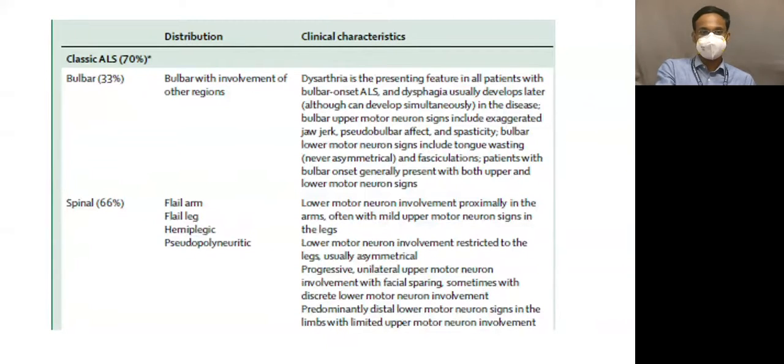We must consider other possibilities like a hypoglossal nerve lesion or something else, and not ALS in the first differential. So the spinal variant is the one we have already discussed. Sometimes it's important to understand that how they progress gives us more information, and these are instances where sometimes electrophysiology helps us, which I'll be coming to later.